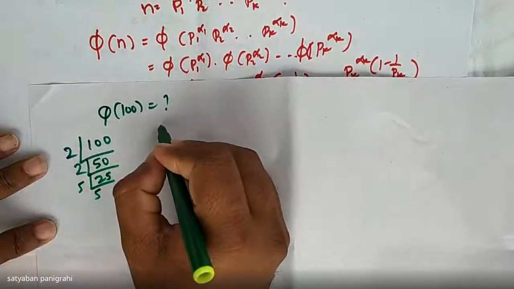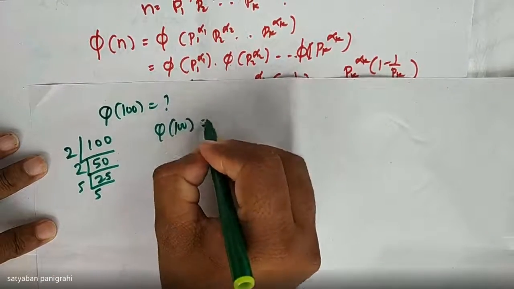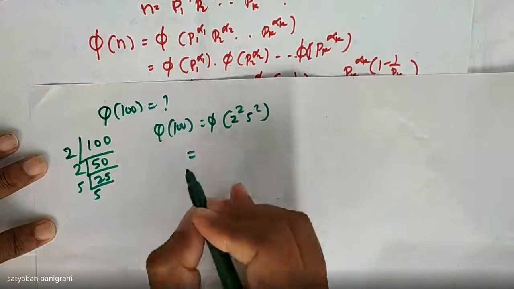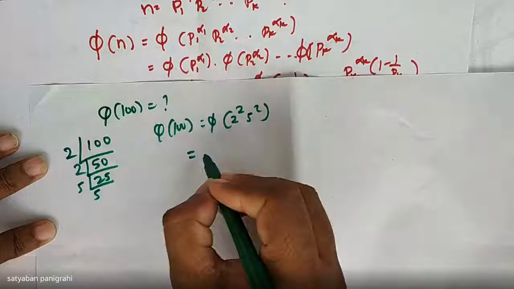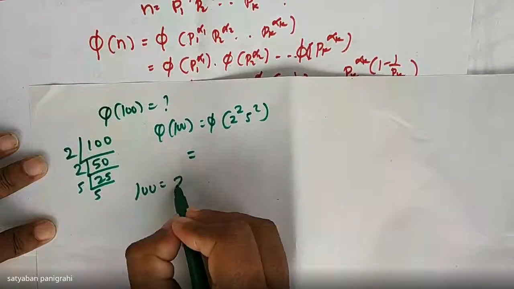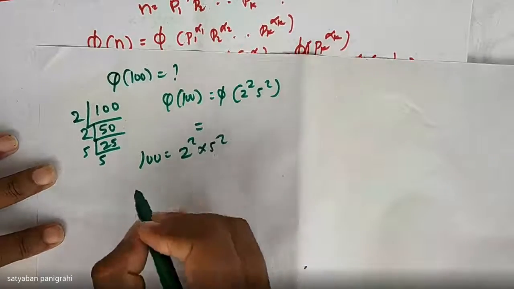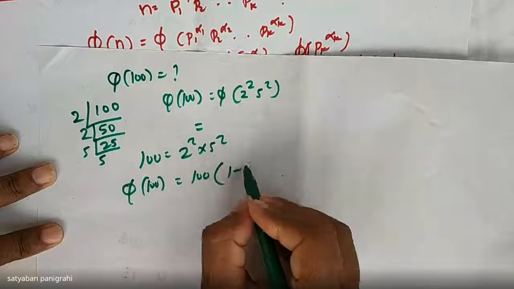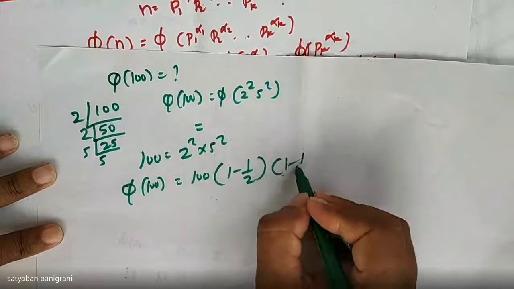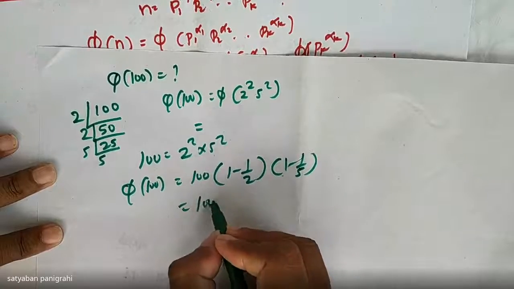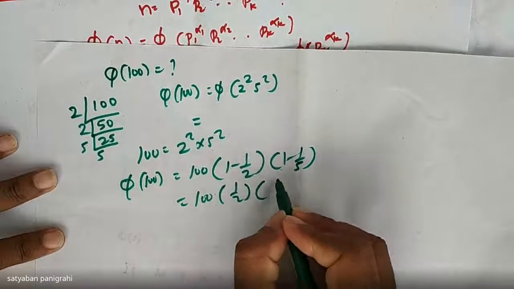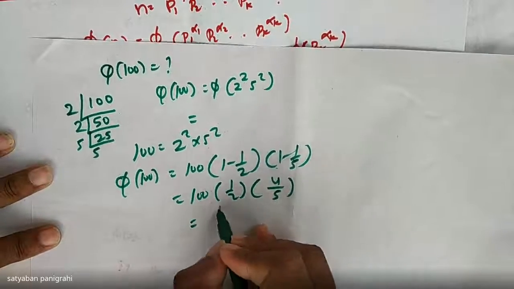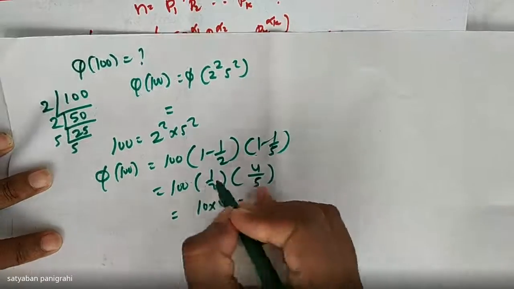So 100 is written as 2 square into 5 square. So phi of 100 is nothing but 100 into 1 minus 1 by 2 into 1 minus 1 by 5. Easy? 100, 1 by 2, 4 by 5, 10 into 4, 40.